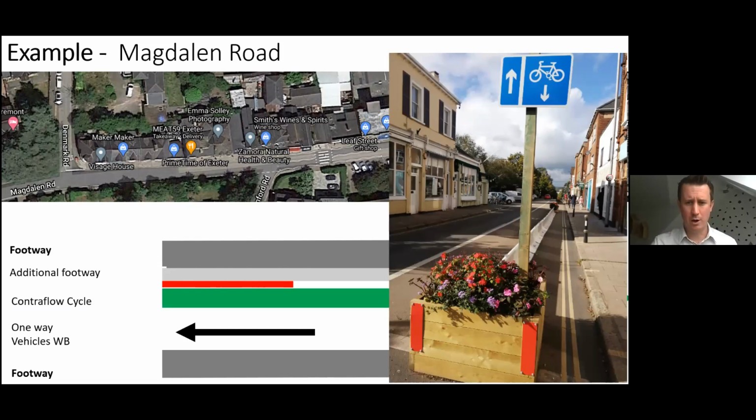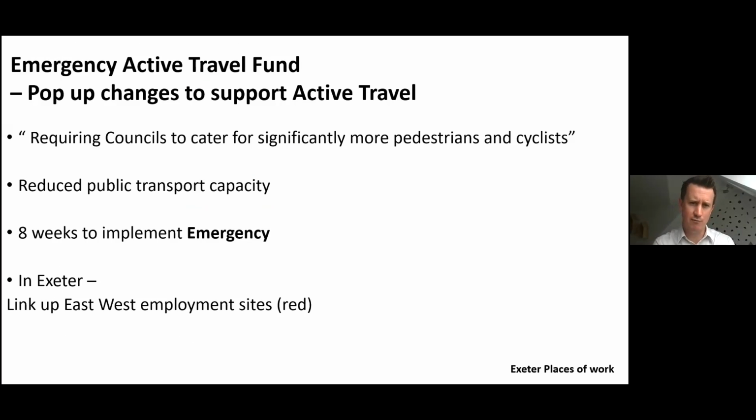This was part of Devon's emergency active travel measures in response to the coronavirus pandemic. Specifically, social distancing had reduced capacity on public transport, so councils were required to provide more space for pedestrians and cyclists. The idea being those were people who would have got public transport before, don't own a car, and would have had to walk or cycle.